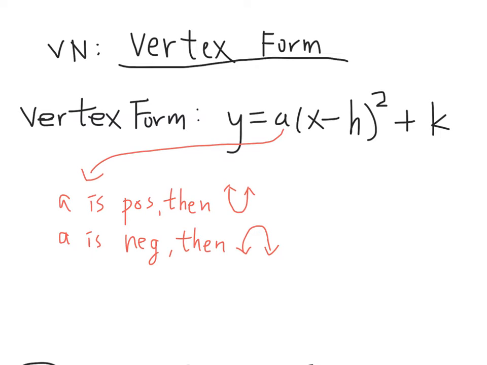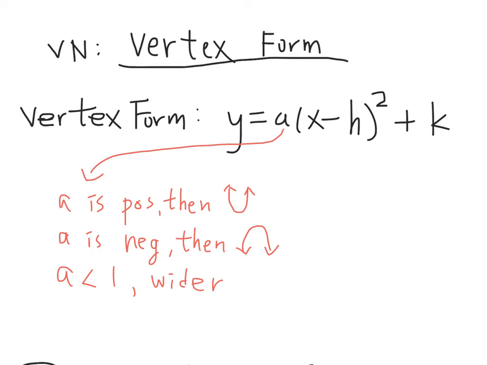Now, a also tells us something else. Because if a is less than 1, meaning if you see a fraction like 1/2, 1/3, 2/5, so anytime the a value, ignoring the sign, is less than 1, like a fraction, then you're going to have a wider parabola than the parent. And I think we've talked about the parent function is y equals x squared.